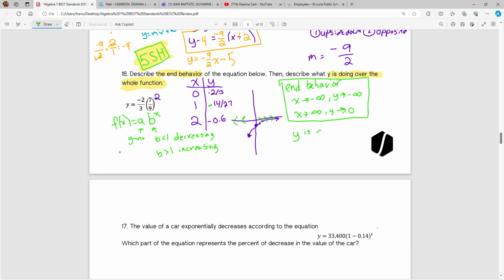Y is always negative. So we have answered both pieces of the question for this exponential function. And to get in some similar practice to this on IXL, I'm going to recommend lesson BYF.